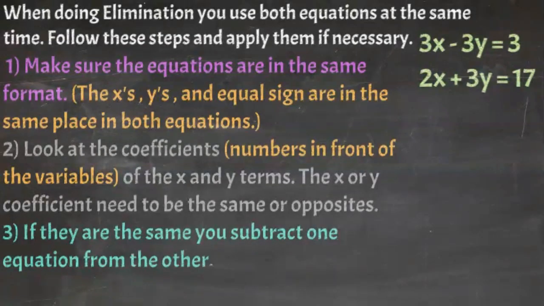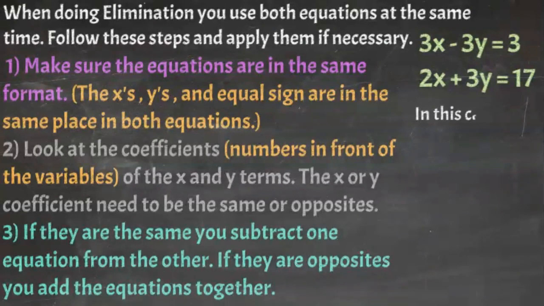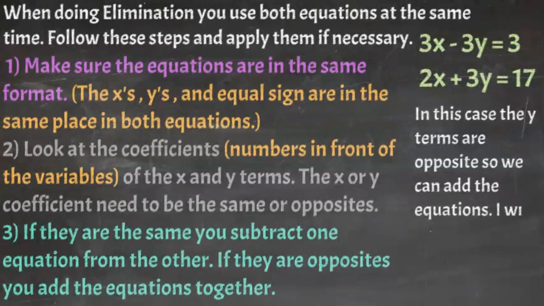If they're the opposites, then you add the equations. In this case, the y terms are opposites, so we're just going to add them together. I will show you exactly how to do this on the next slide.